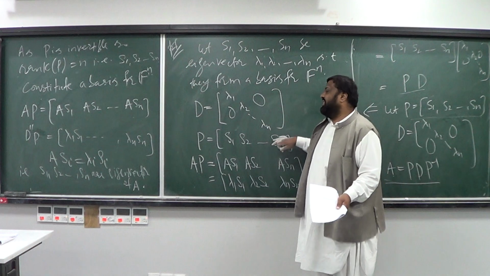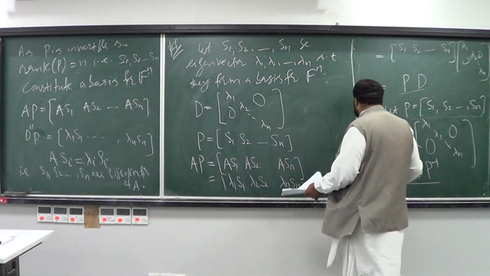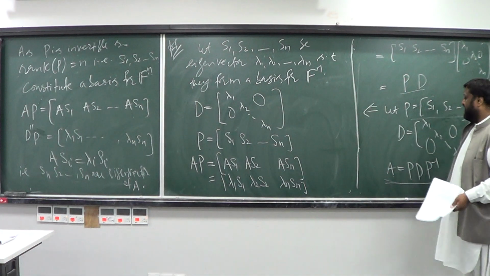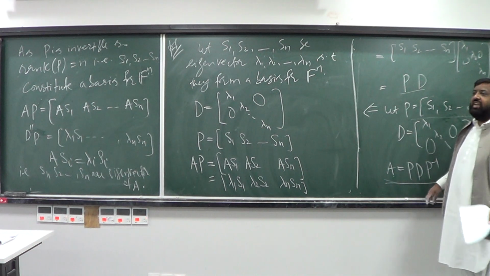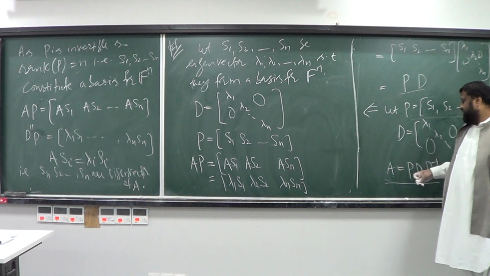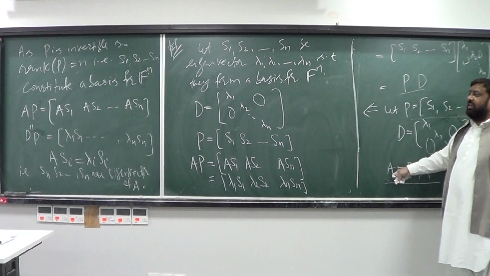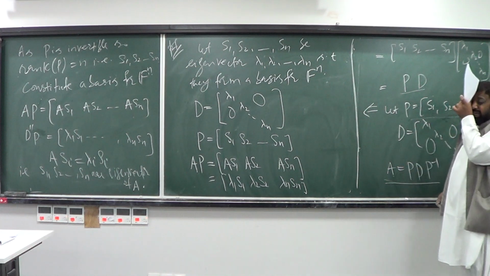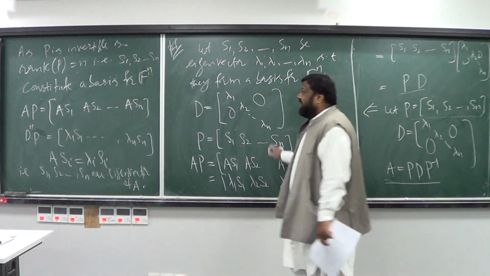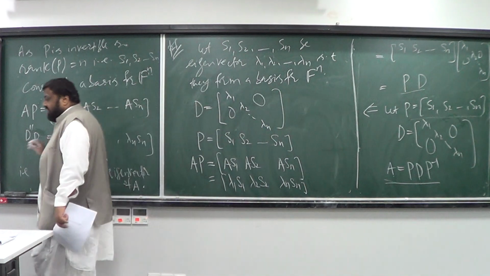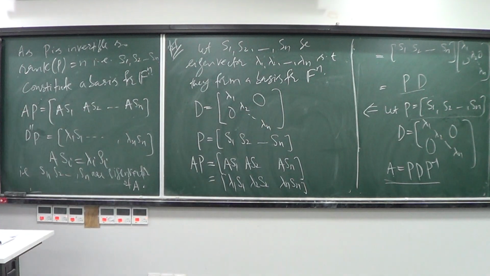Take those eigenvectors, put them in a matrix, and you get the matrix P. Hence you can easily find a matrix D which is similar to A, with similarity matrix P. So this theorem gives you a recipe to diagonalize the matrix.